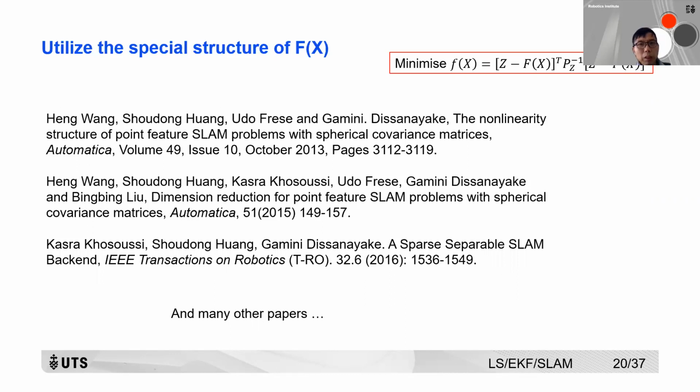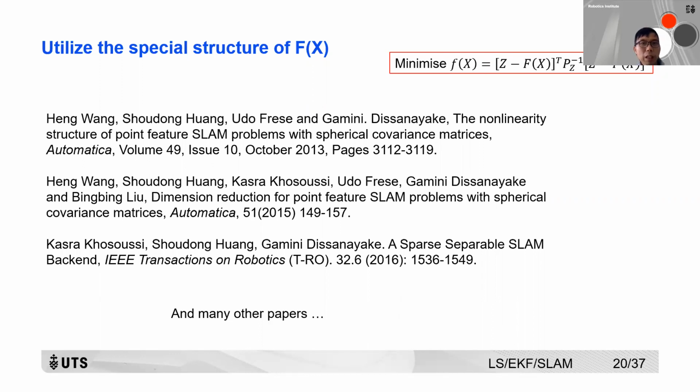Another group of work uses the special structure of the function f(x). In this nonlinear least square, there is a nonlinear function f(x). And for the SLAM problem, this f(x) has a special property. It is linear in some variables and nonlinear in others. It is mainly nonlinear in the robot rotations.